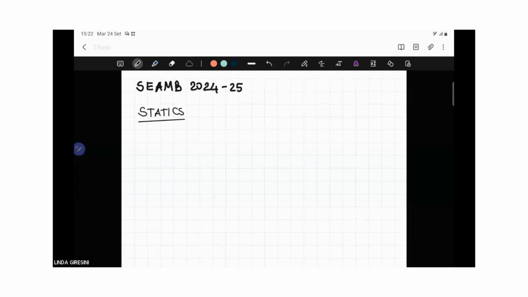So first of all, what is a force? So the definition of a force. A force is a vector defined by three elements.